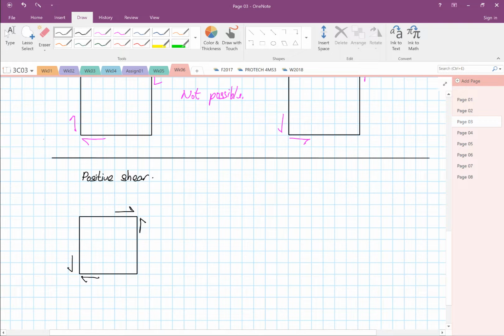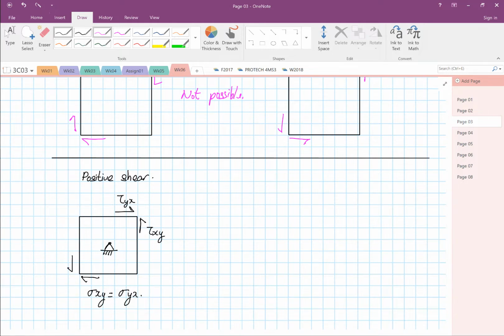So it's always a known fact. So this is shear xy, and this is shear yx. So it's always a known fact that shear xy is equal to shear yx. And then if we put a pivot point over here, okay, the element is free to rotate.